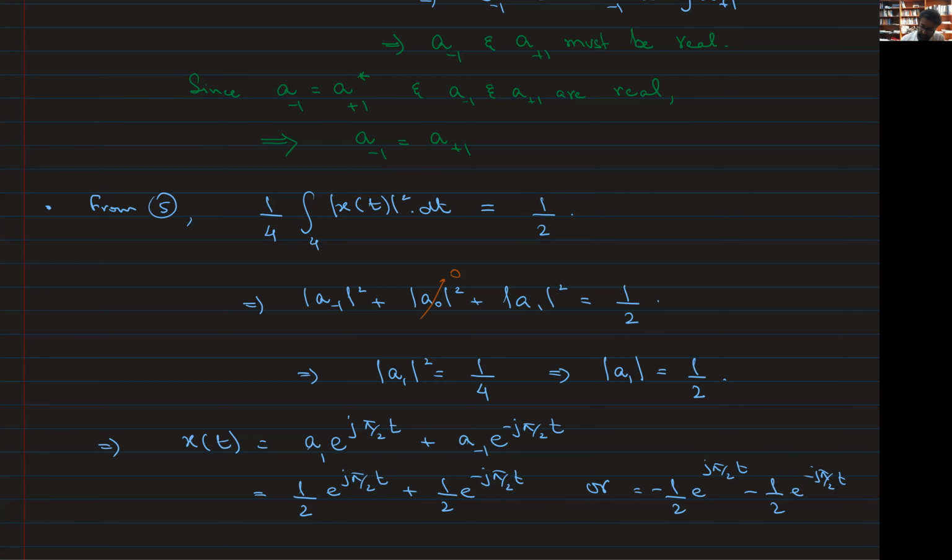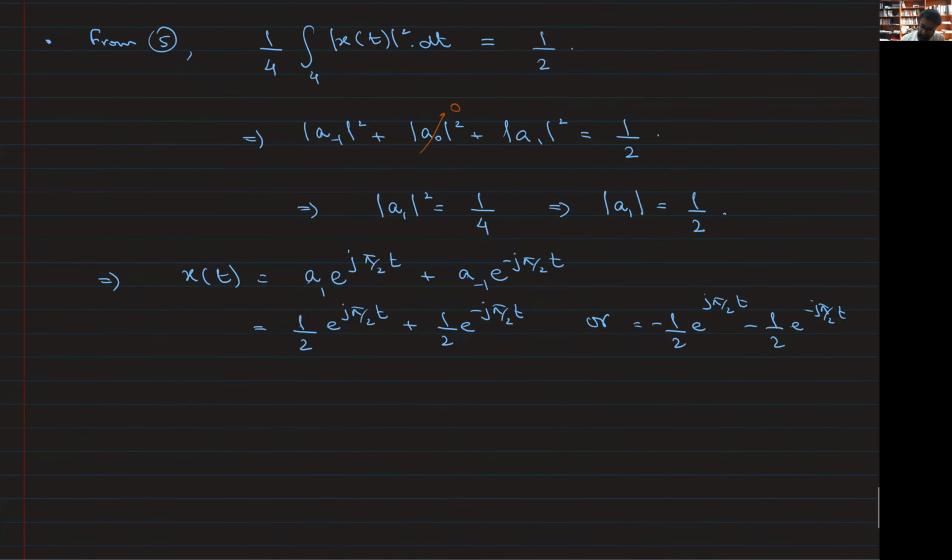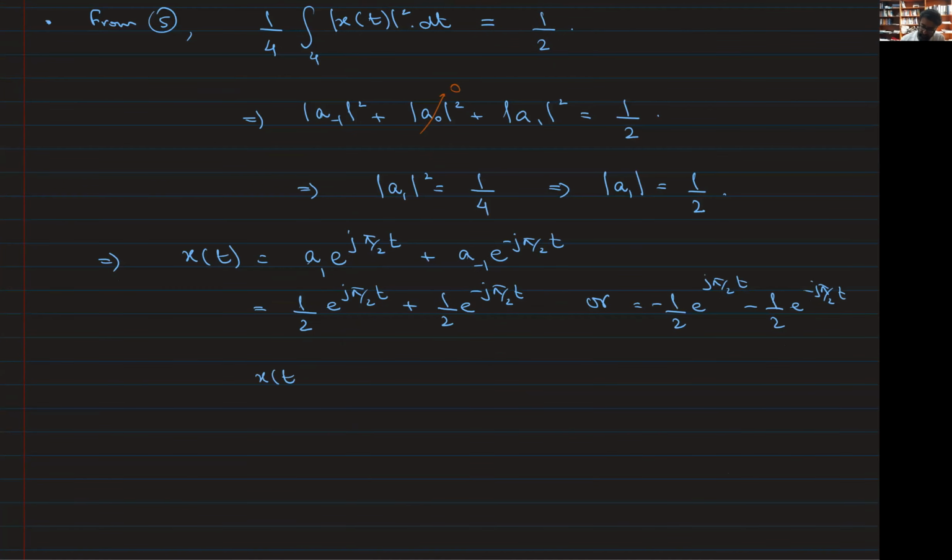And from here we conclude that x of t is either plus or minus cosine pi by 2 t, right? Is that clear? Any questions here?